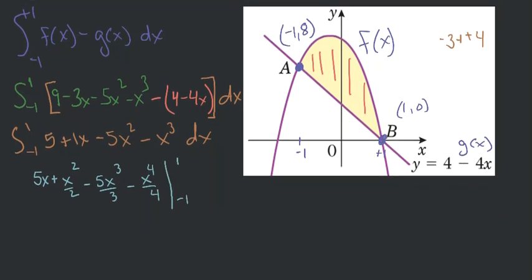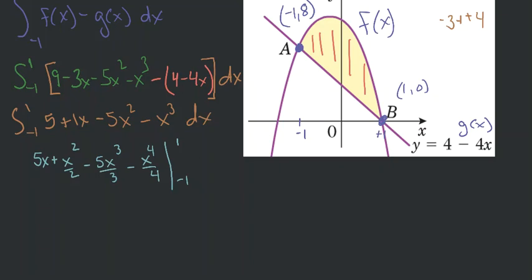So let's get ourselves a little bit more room here. So what do we have then? We are going to have two expressions here. We're going to say 5 multiplied by something plus something squared divided by 2 minus 5 times something to the third over 3 minus something to the fourth over 4.